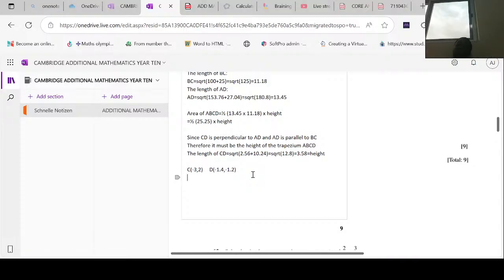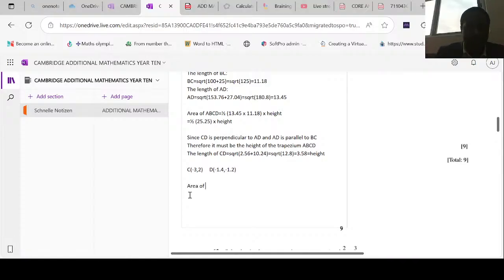Square root of 12.8. Let me check. Sorry. Okay, good. So now we have the height. So let's just use it in the area of the trapezoid. So we are done with this problem.